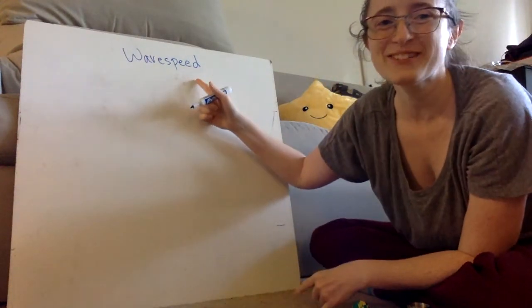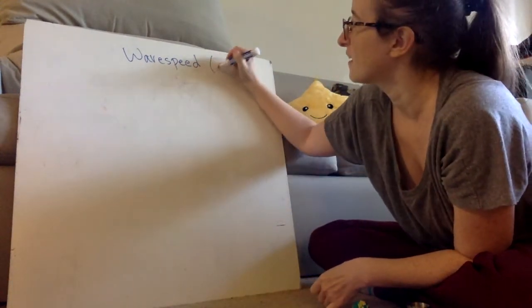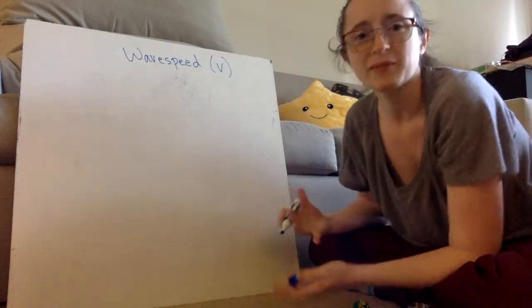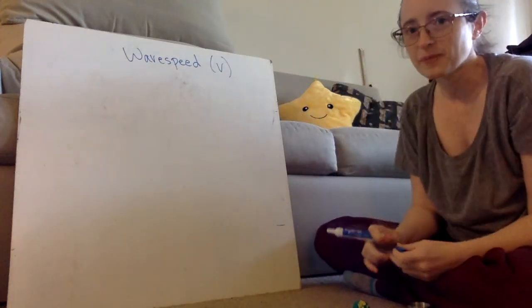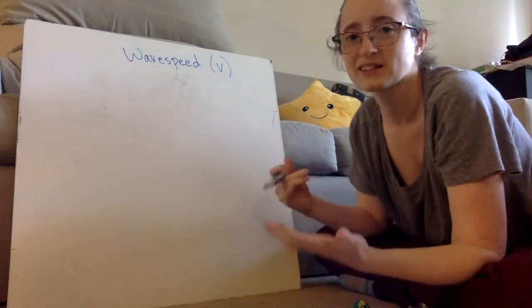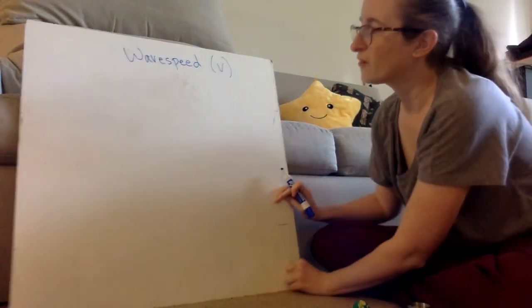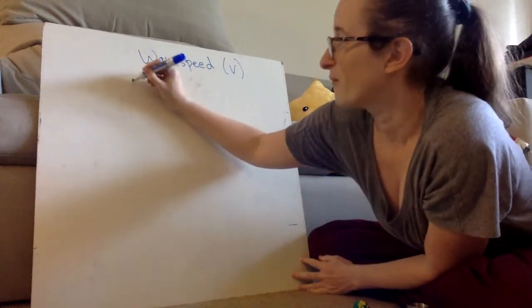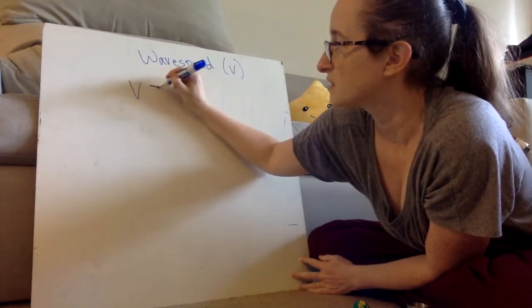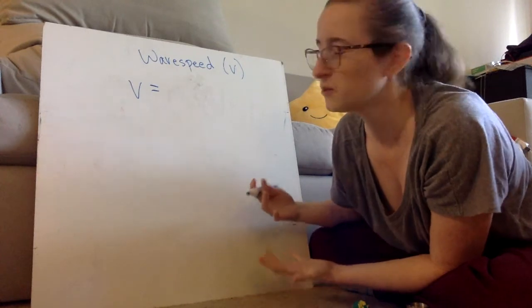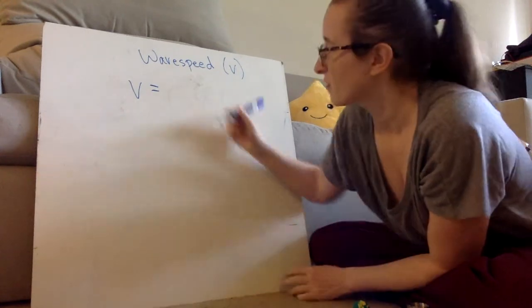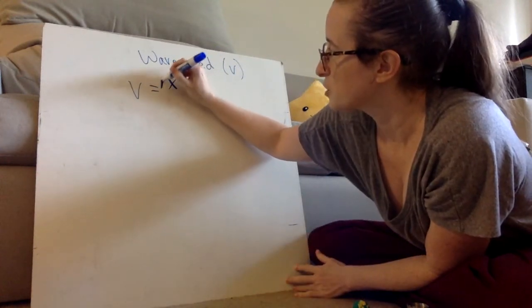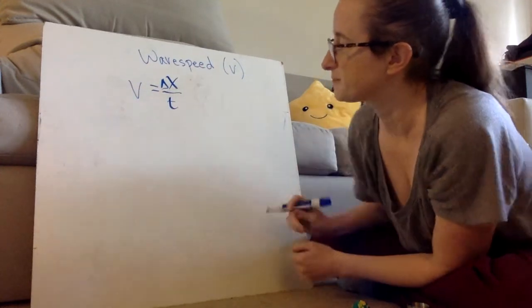But they use the same symbol for this as they do for velocity because it's still a speed, it's still a velocity, but we're just in the context of waves. So if you remember from way back at the beginning of the school year when I was not here, you calculate average velocity, if it's a constant velocity, which waves honestly usually are, as your change in position over time.